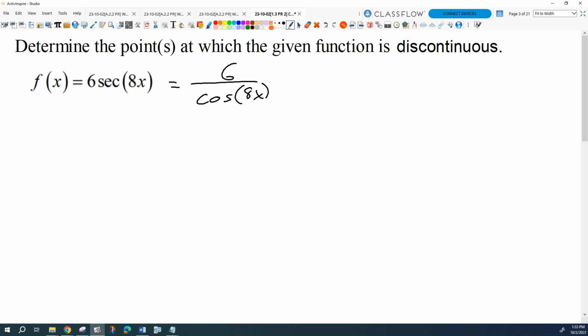Just tell me what's going to cause problems that's going to lead to points of discontinuity. Hint, hint, hint. Where is that cosine function in the fraction? Oh, it's on the bottom, right? Okay, what's the problem potentially with the denominator? What value could the denominator take that would be very problematic? Ah, okay, right? So really what this boils down to is the zeros of that cosine function are going to be problems, aren't they? Those are going to be the discontinuities.